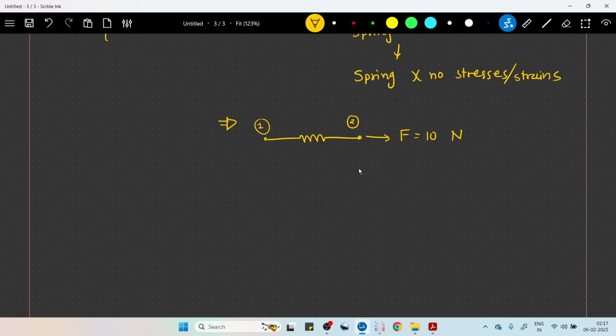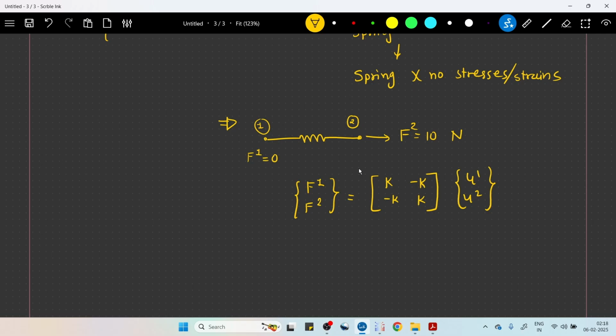The external force F2 is equal to 10, and F1 is equal to 0; we are not applying any force. Let's try to solve this problem. The finite element equation is [F1; F2] equals [K -K; -K K] times [U1; U2]. We can get the value of K if we know A, E and L, but let's take K as known for now.